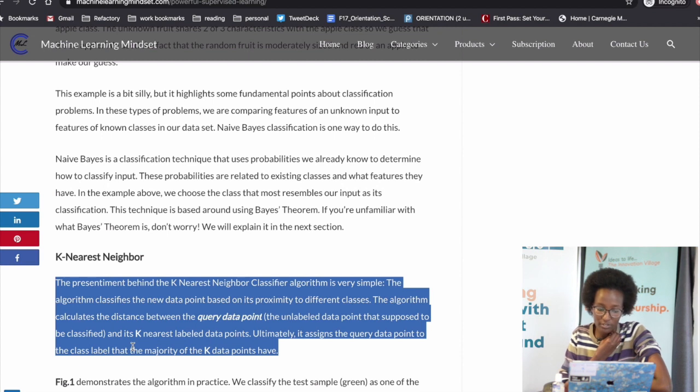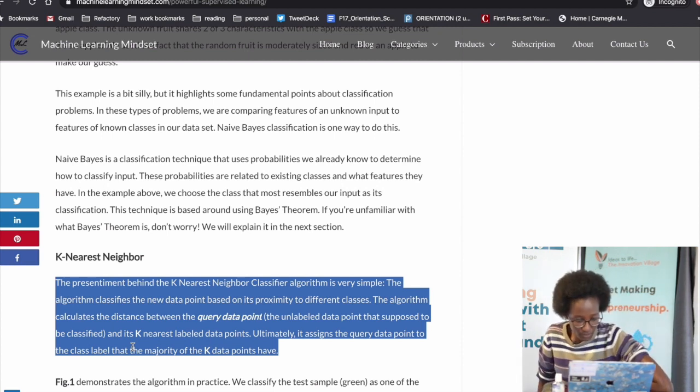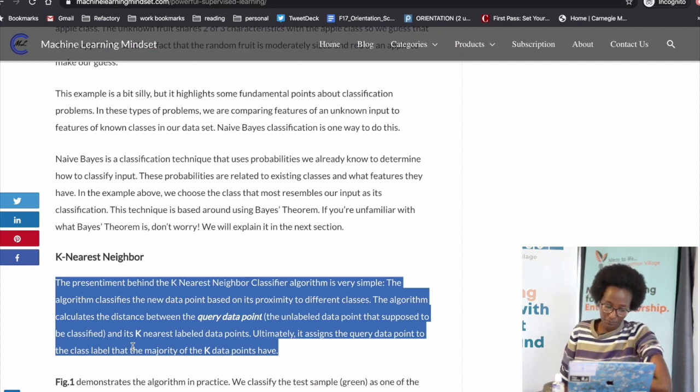So the algorithm calculates the distance between the query data point, that's the unlabeled data point that's supposed to be classified, and its k nearest labeled data points. Ultimately, it assigns the query data point to the class label that the majority of the k data points have.